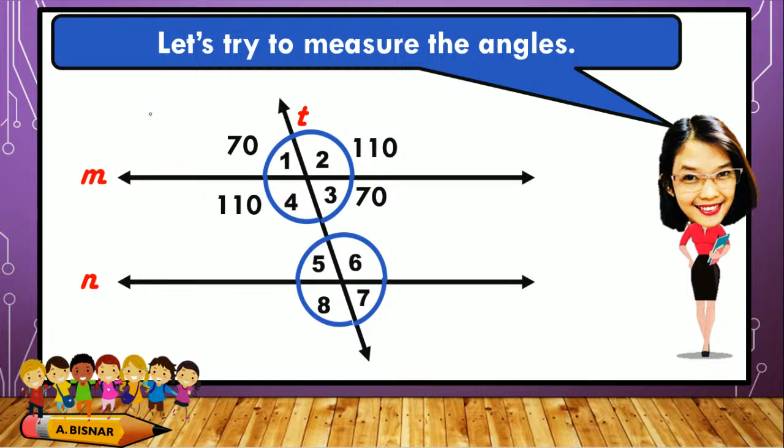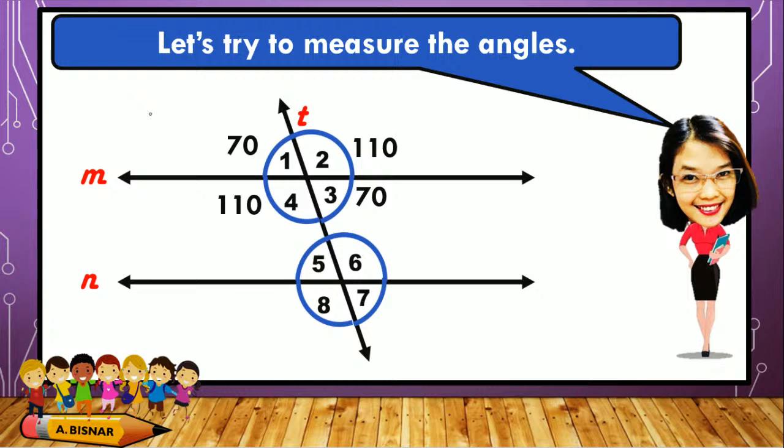What can you say with their measurements? Okay. Angle 2 and angle 4, they are both 110. Angle 1 and angle 3, they're both 70.